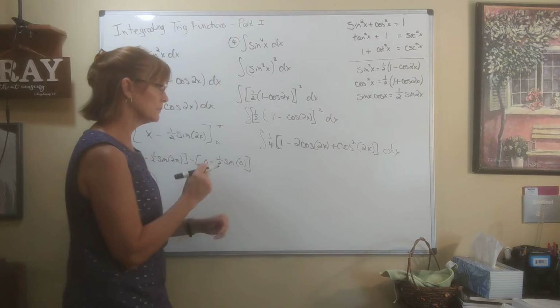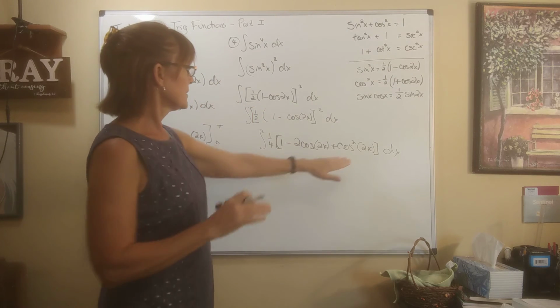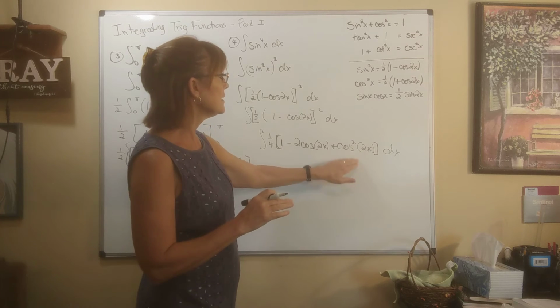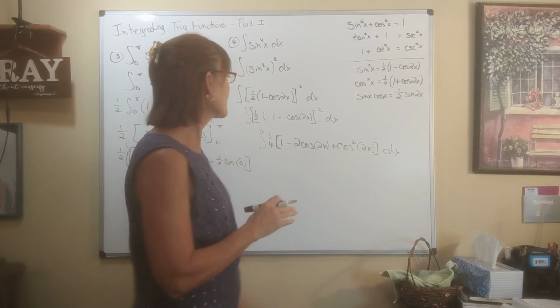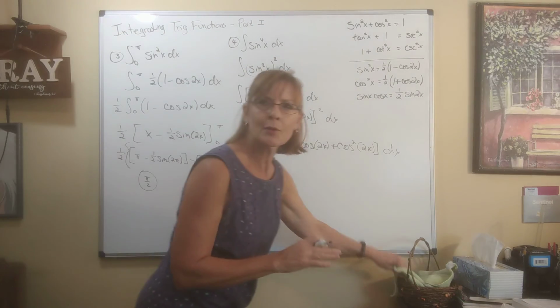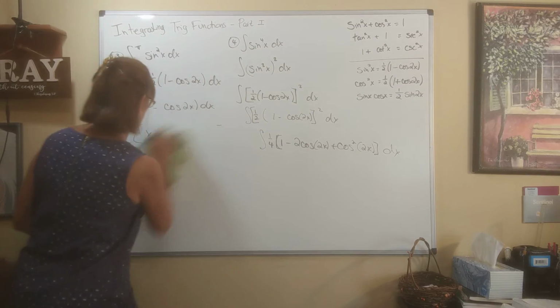Right, that's okay. Now, this cosine squared of 2x needs to be rewritten using this right here. We're going to rewrite that guy. So, hang in there. We're almost done.